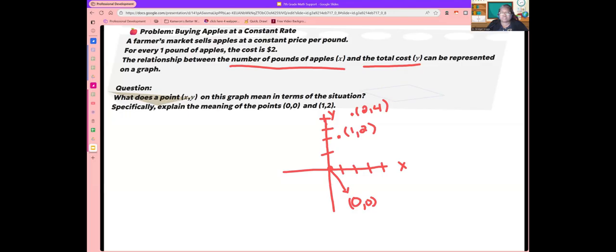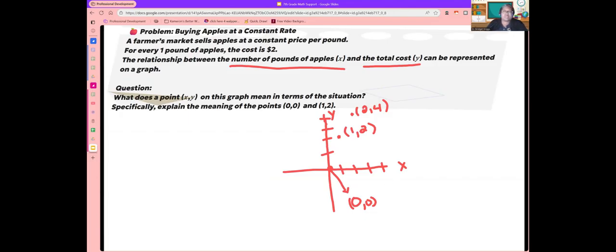So that means 2 pounds of apples will cost $4. And we can continue going up on this line. Of course, we wouldn't go negative, because that means we would owe the farmer's market money. So all of our numbers for this case would be positive. So all of them will be housed within this first quadrant of the coordinate plane.